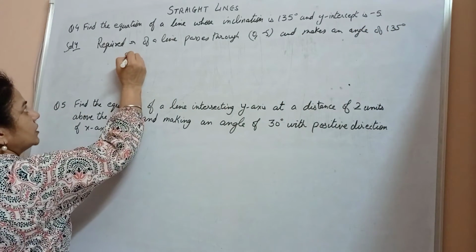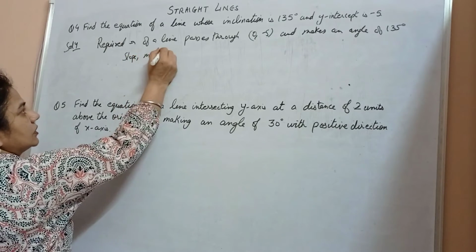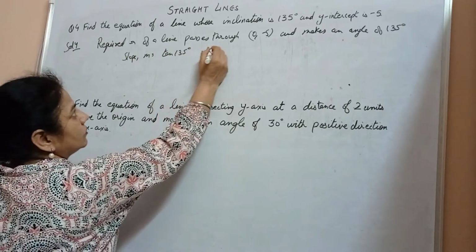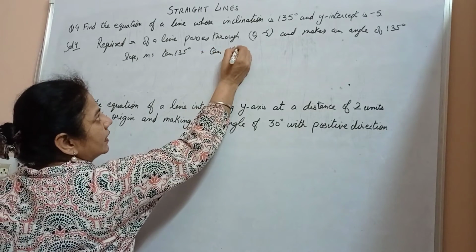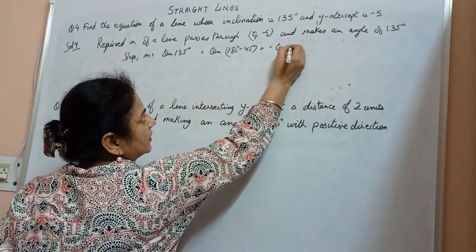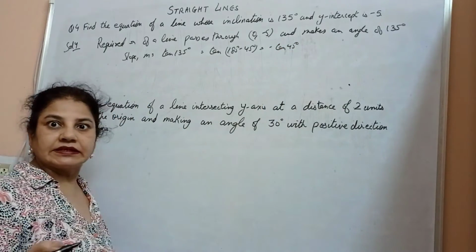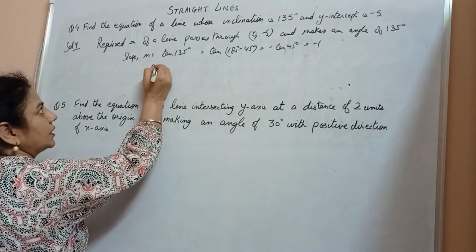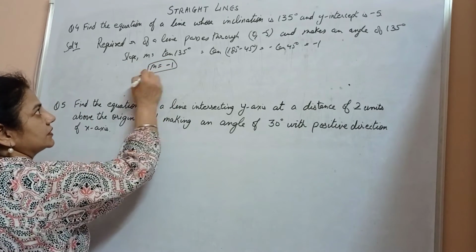That means slope m is equal to tan 135 degrees, which is equal to tan of 180 minus 45 degrees. That means minus tan 45 degrees, because tan of 180 minus theta is minus tan theta. This gives me the result as minus 1. So my required slope is minus 1.